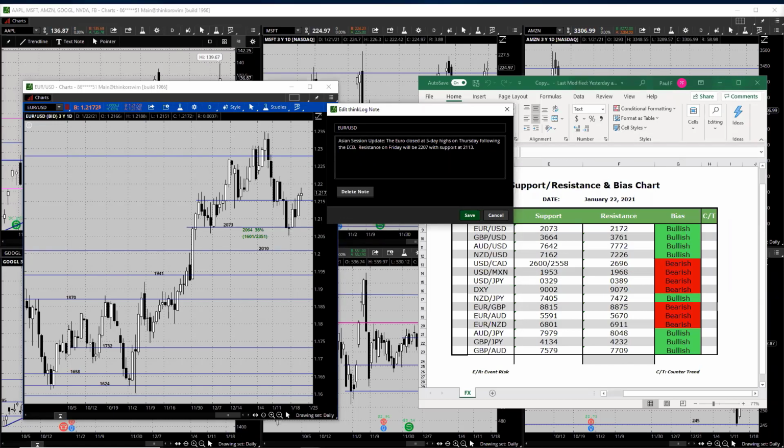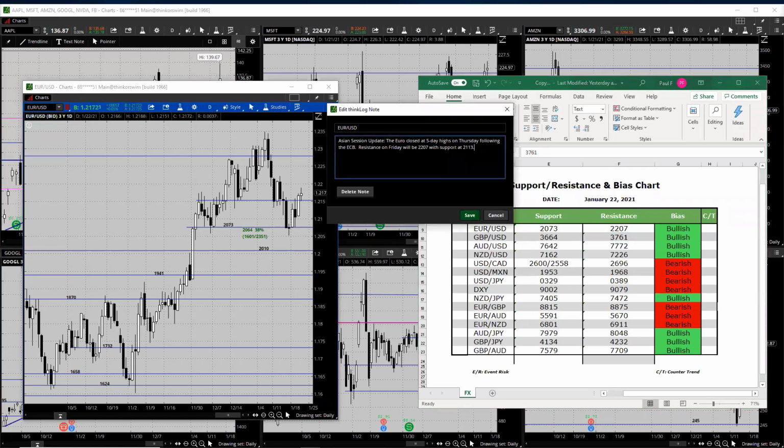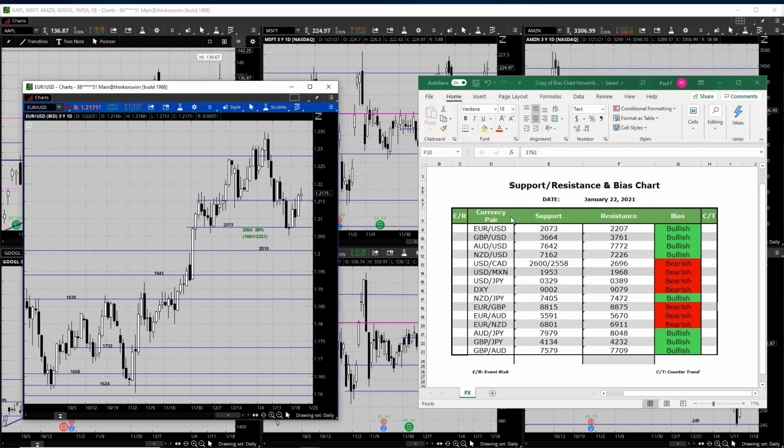Resistance on Friday will be 22.07 with support at 21.13. Well, we haven't even made it up to 22 yet, so I put it for 22.07. I didn't put the support in, but I meant for it to be at 20.96. I remember that on the analysis.